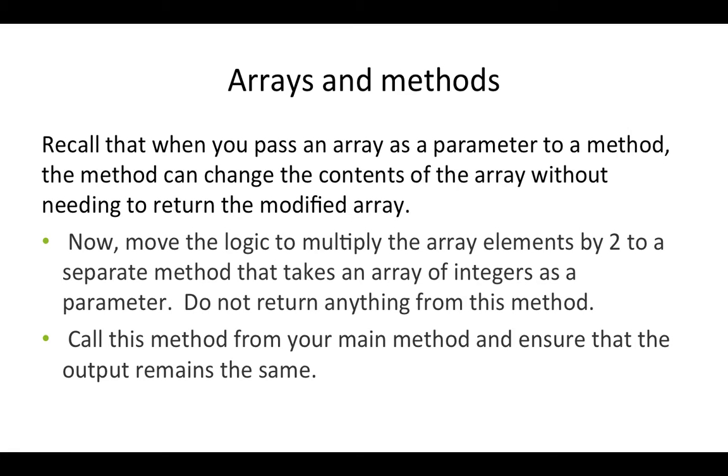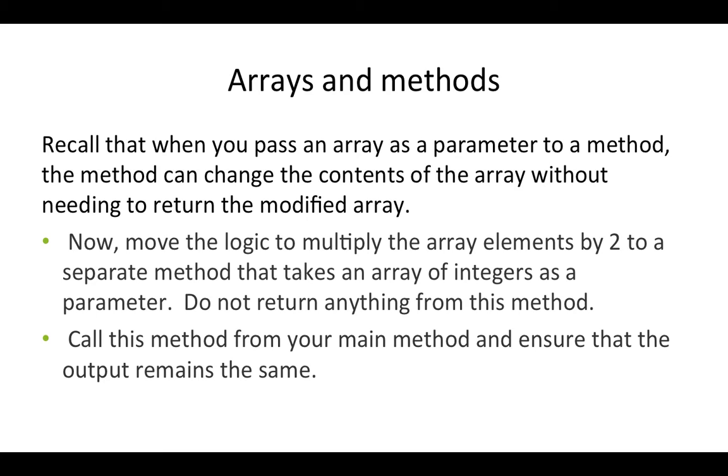This is not true with arrays, and it's generally not true with objects, because arrays and objects function by something called pass by reference. When you pass the array as a parameter to another method to use and mess with, because arrays and objects are much more complex than primitive data types, when you mess with it in the new method, it is going to keep messing with it everywhere else in your code.